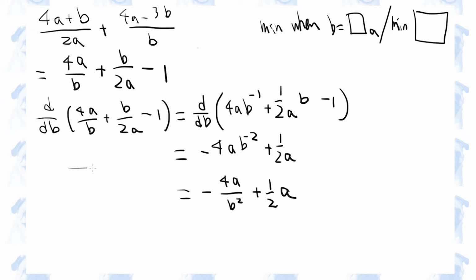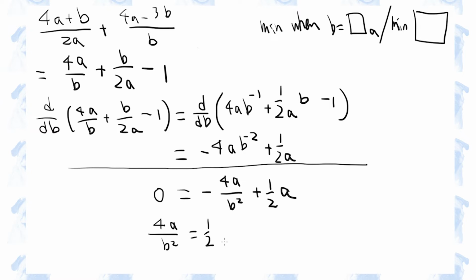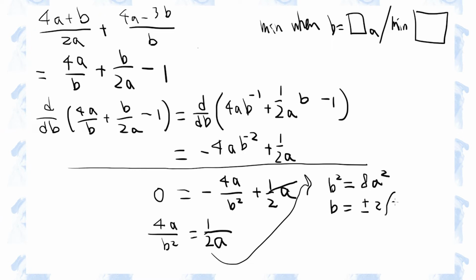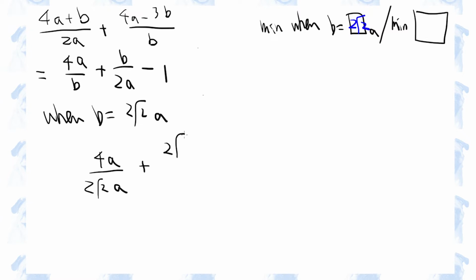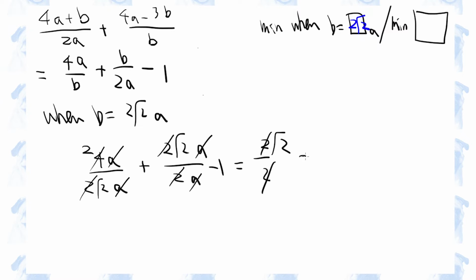And let this be equal to 0 and solve this equation for b. Now the question states that both a and b are positive, so b is 2 root 2 times a. And finally, let's substitute this value of b into this expression to find the minimum value. So the minimum value is 2 root 2 minus 1.